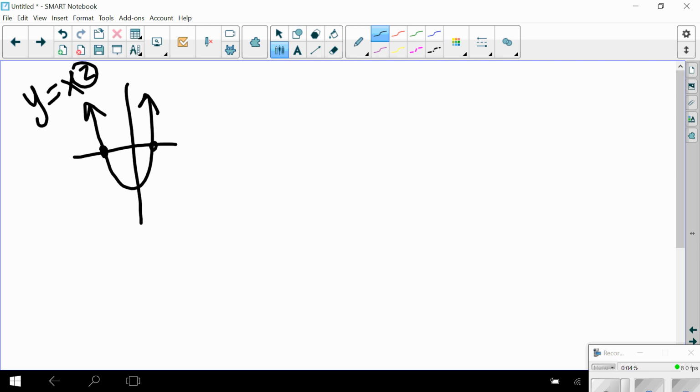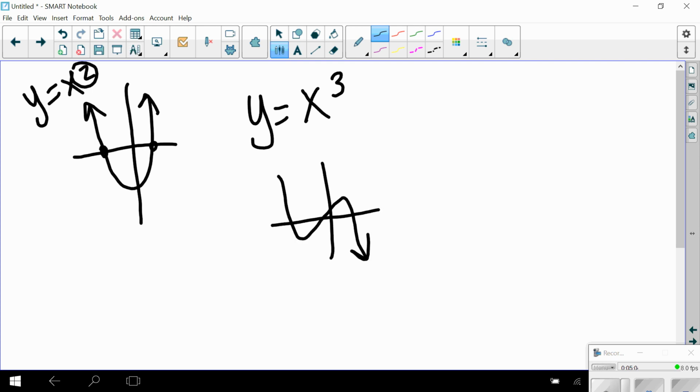I have 2 real solutions. Let's look at a cubic function. How many times does it touch our x-axis? 3. I have 3 real solutions.